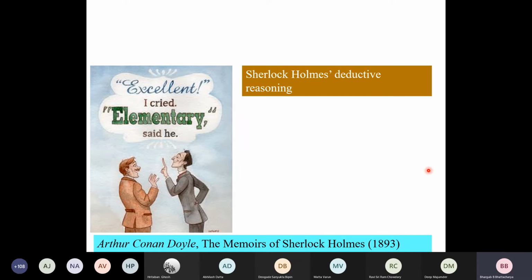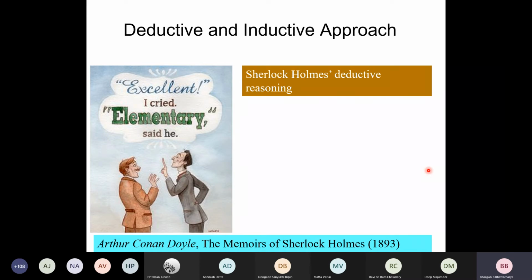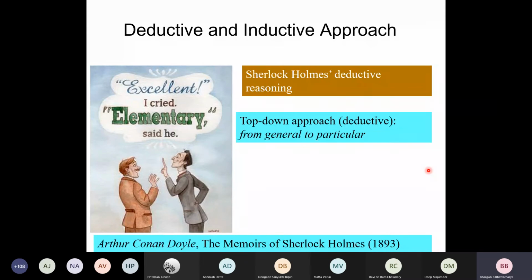If you go through Sherlock Holmes' novels and stories, you would find the strong application of what is called deductive reasoning. In logic, you are already aware that we have two types of approach. One is called the deductive approach, the other is called the inductive approach. What is the deductive approach? This is essentially a top-down approach, from general to particular.